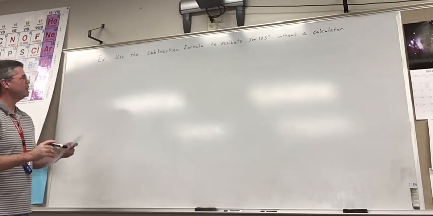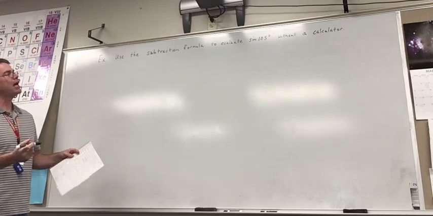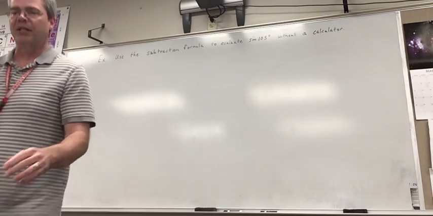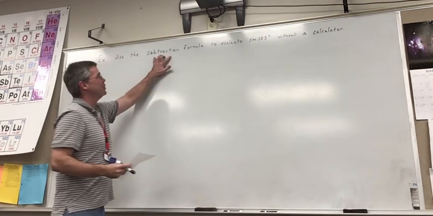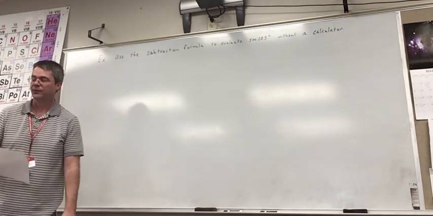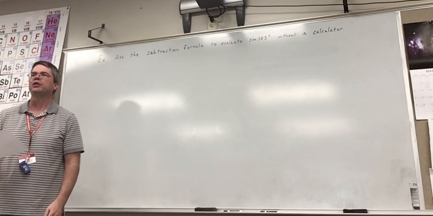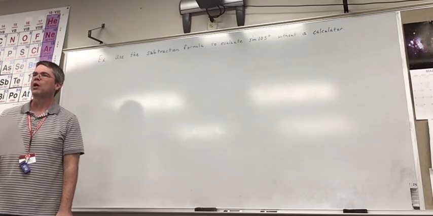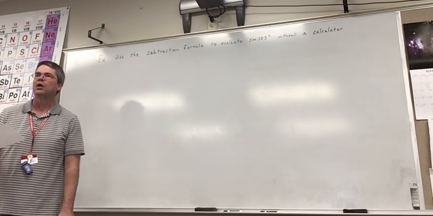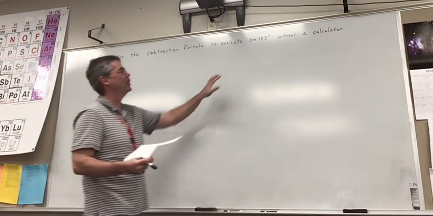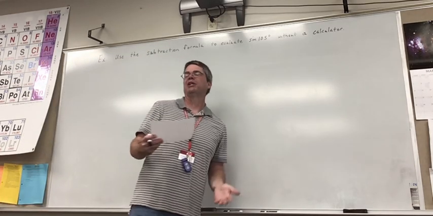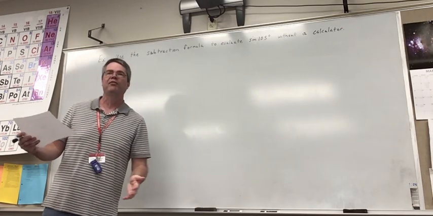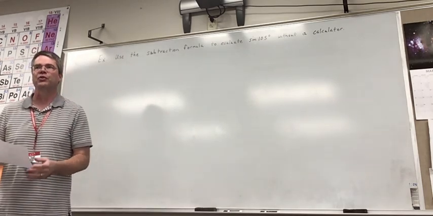All right. So we're trying to find sine, so you've got to look at a sine formula. And we're going to use a subtraction formula. So what you want to do is find two numbers on the unit circle so that when you subtract them, you get 105. I usually like to use one of the 45-degree angle ones on the unit circle.